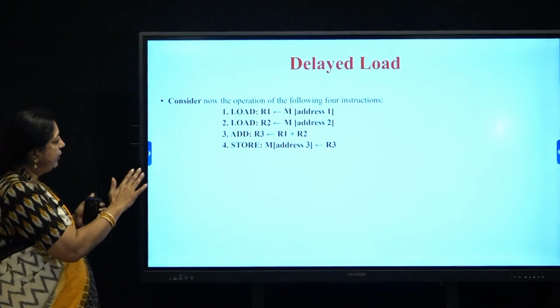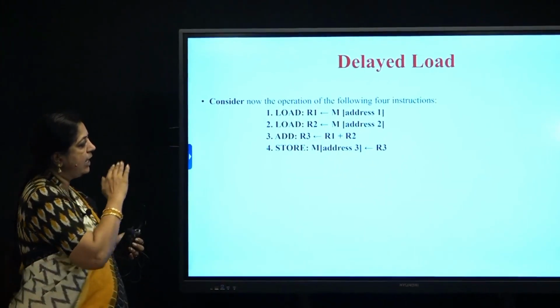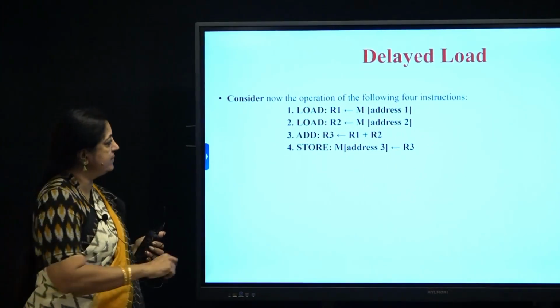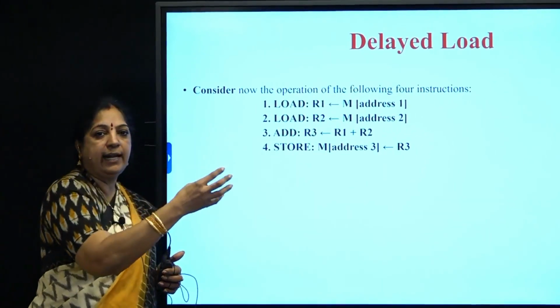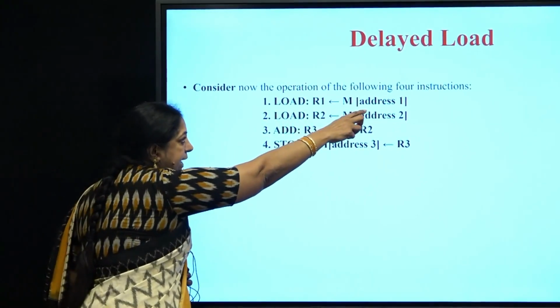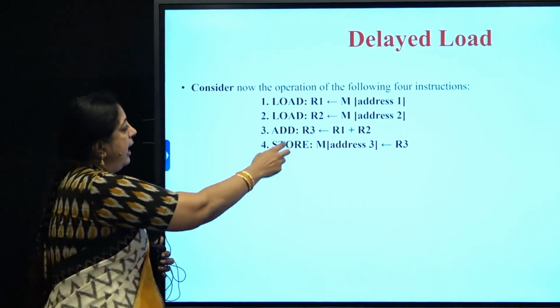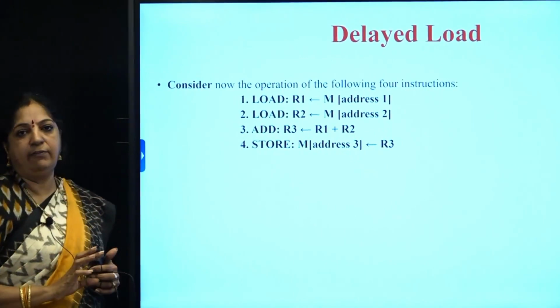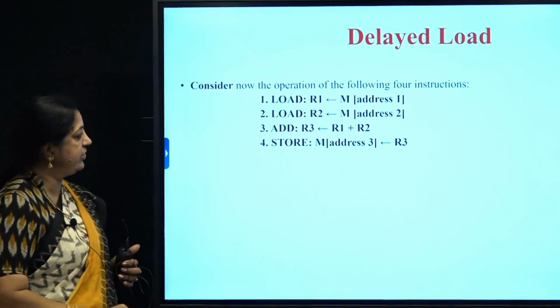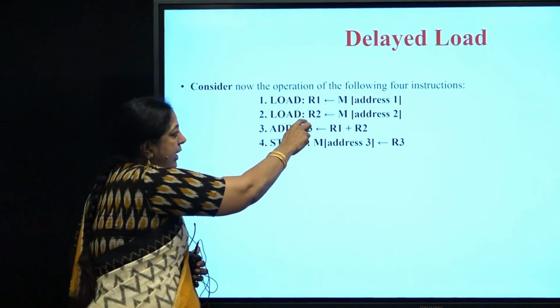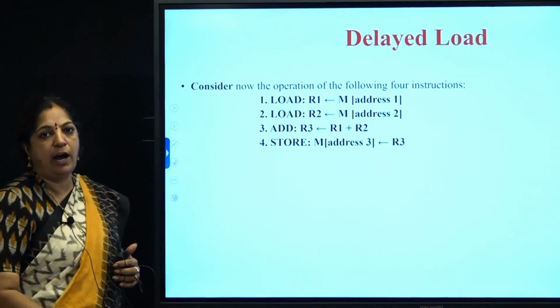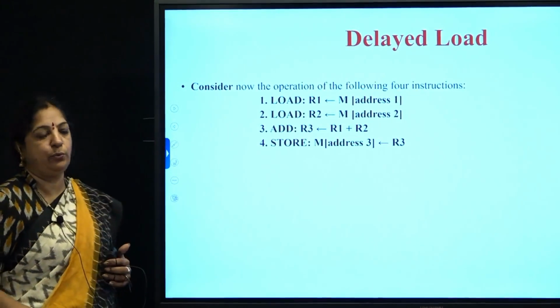Now, for example, suppose consider the operation in the following 4 instructions. First instruction: you are taking the content from the given address of the memory and storing in register R1. That is one instruction. Taking the content of some other address from the memory and storing in register R2, that is instruction 2.